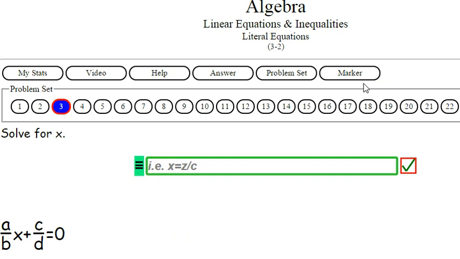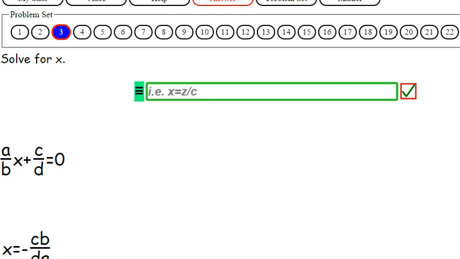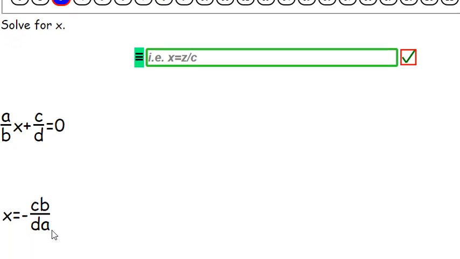We'll go back. Let's click that. What was that again? Negative c times b over d times a. Okay. Now up here, obviously you've got two different ways of writing it. In other words, this could be b times c, or c times b like it is, d times a, or a times d.